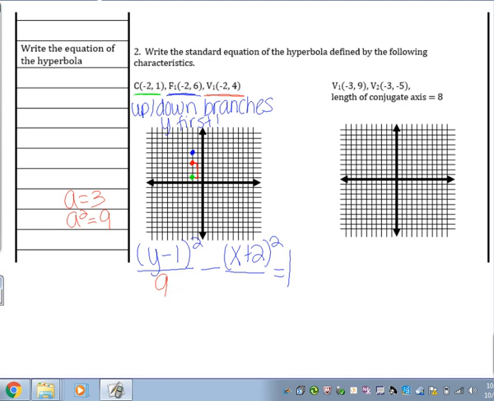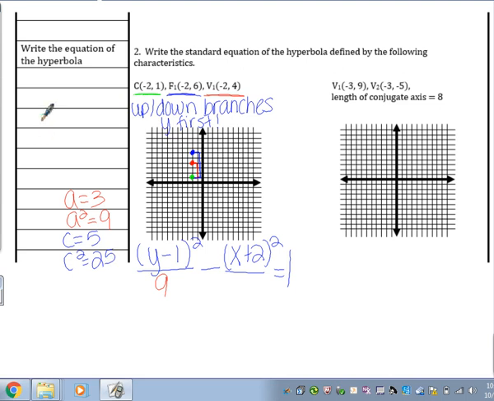Now, I don't have anything that tells me what b or b squared is, but I do have something that tells me what c is, which will allow me to find c squared. So what is c? 5. So c squared is 25. Now what can I do to find b squared? c squared equals a squared plus b squared.